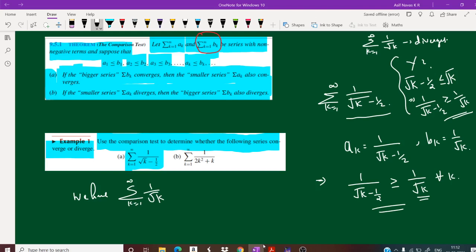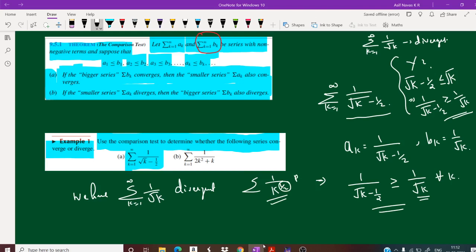This series 1 by root k is divergent, because 1 by root k is 1 by k raised to 1 by 2, right?